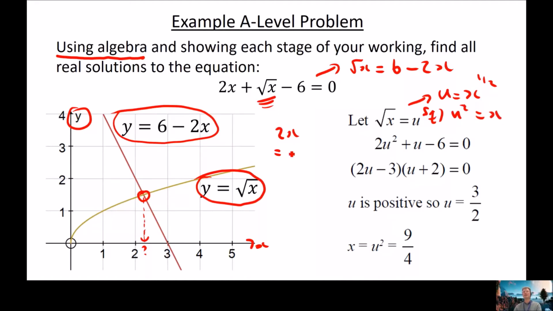So really, we can replace the x by u squared, and so 2x will be 2u squared. Okay, and then that square root of x in the middle, well, we just call that u, and then the -6 on the end, that's not going to change. So this equation here in x, which is awkward, we're going to write it as 2u squared plus u minus 6 equals 0, just by using a little trick with indices and thirds.